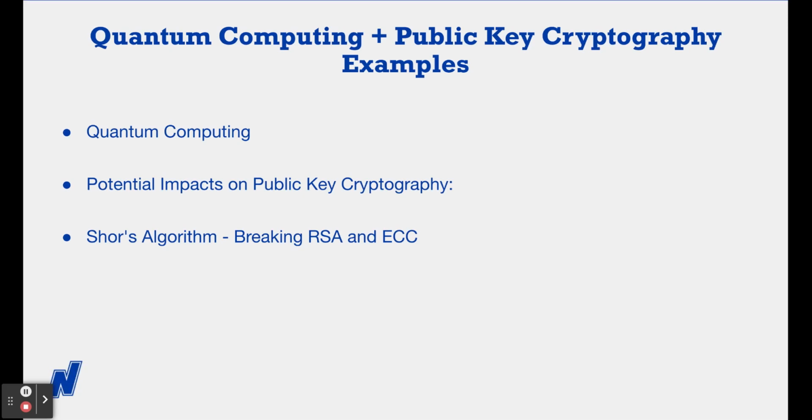So, what are some examples of potential threats to public key encryption? The impact of quantum computing on public key encryption can be understood with an example of RSA encryption. In RSA, the difficulty of factoring a large number provides the security base. Let's consider an RSA system using a 2048-bit key.